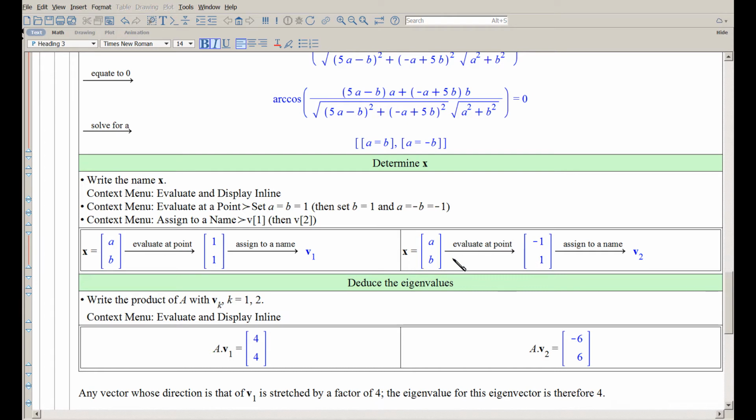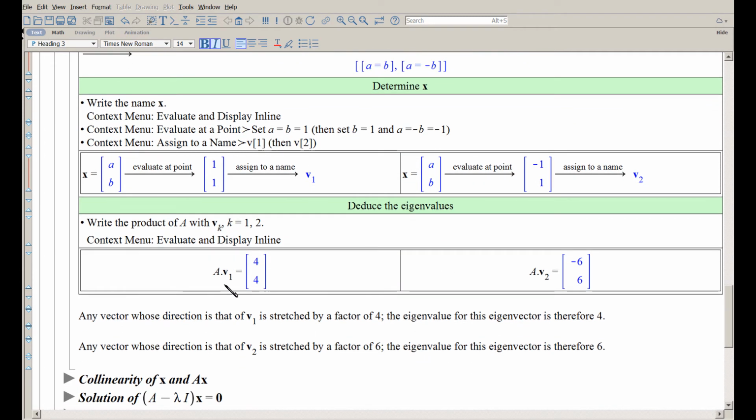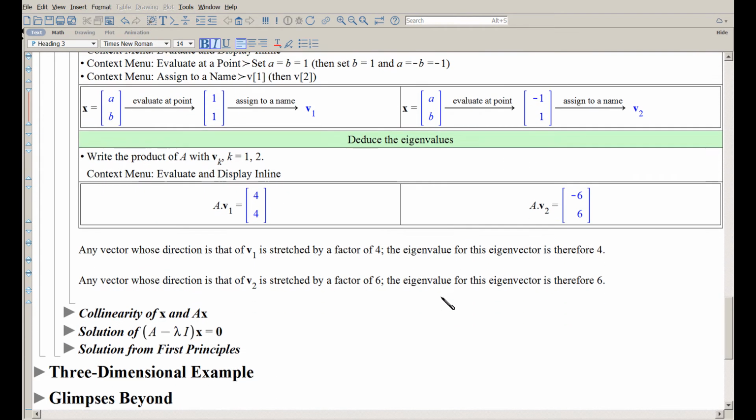So if I have these two vectors, I can infer the eigenvalues by looking at the product Av1. It's 4, 4. That's 4 times, the stretch factor is 4 times this vector 1, 1. And if I look at Av2, the stretch factor is 6, 6 times the vector negative 1, 1.